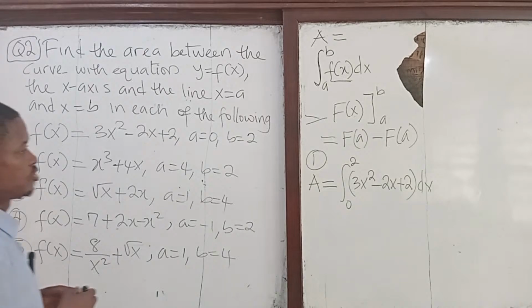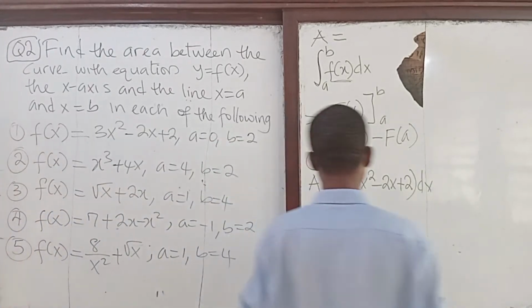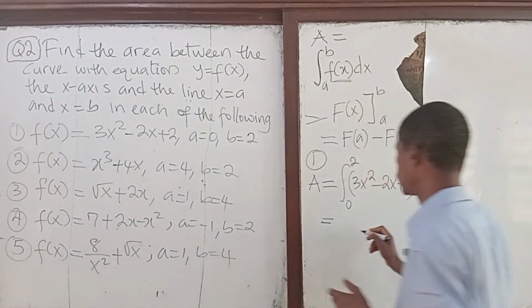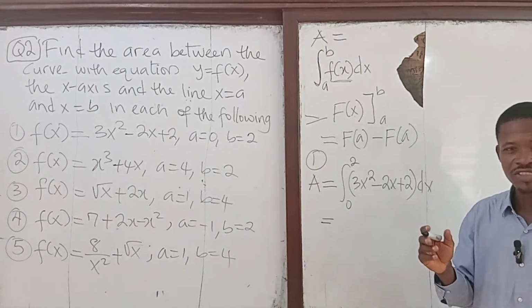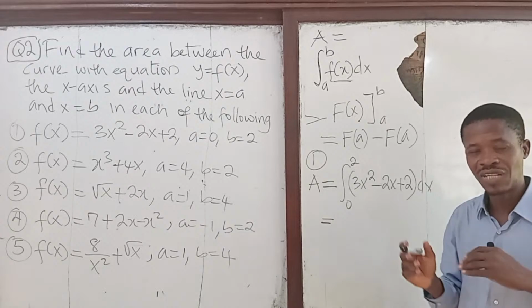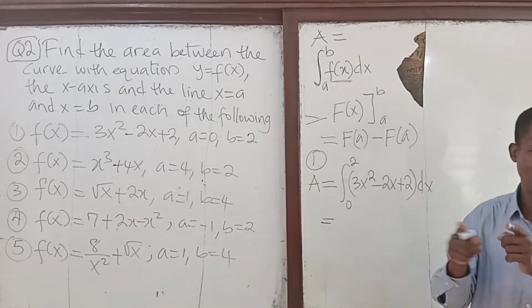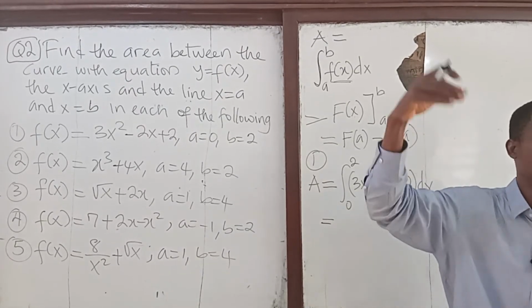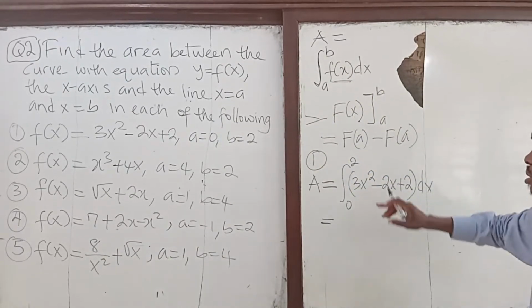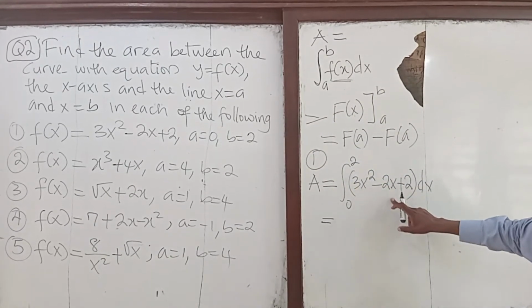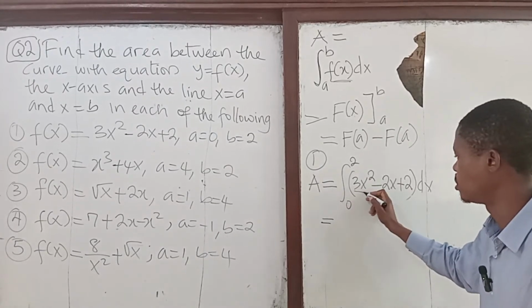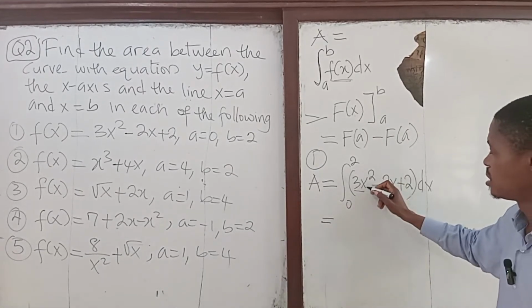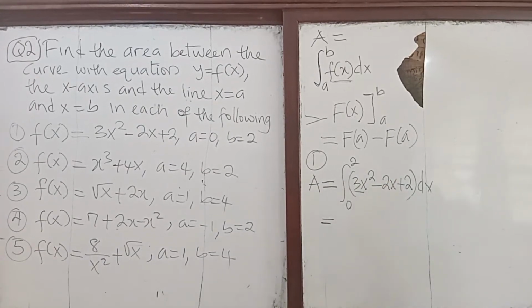Then the next thing to do is to begin your integration. When you have the integral of a sum or difference of functions, or a mix of both, it is the integral of each of those functions. If you integrate this one, the 3 is a constant, and we are only integrating x squared.